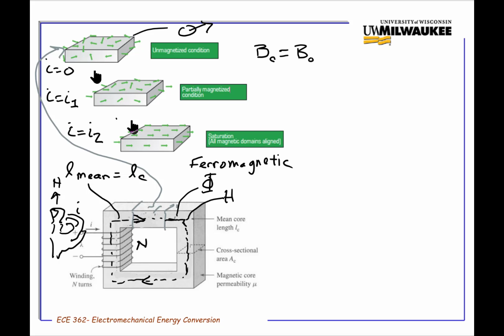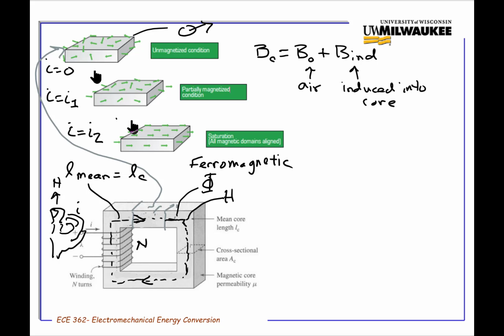And it consists of a B naught and a B induction. So this B naught is the flux density in the air, and the B induction is what's induced into the core.